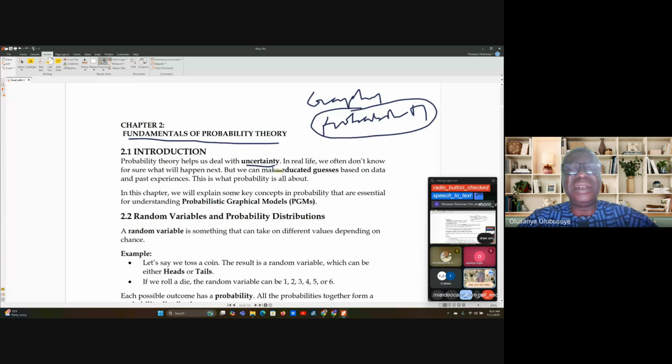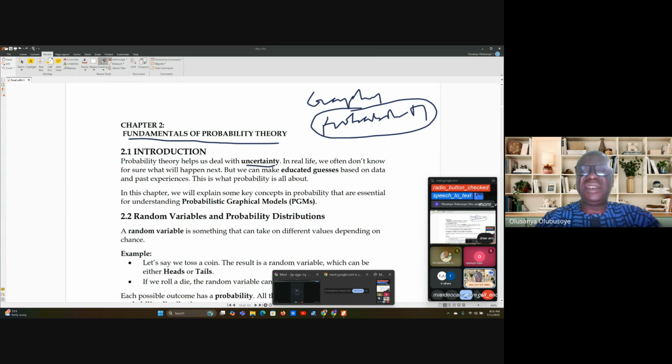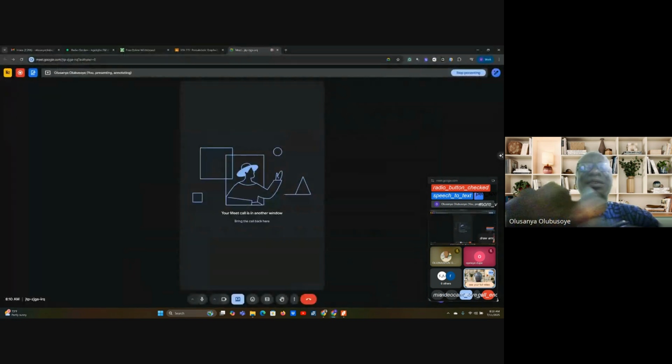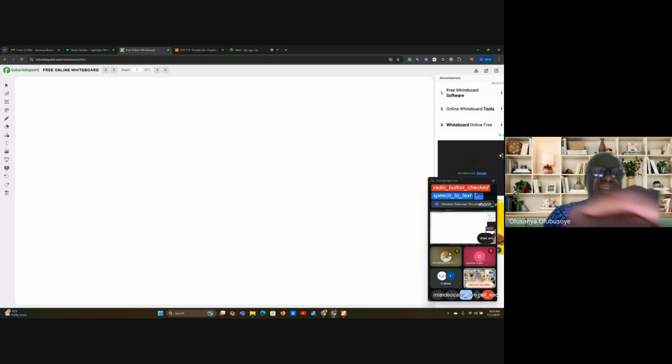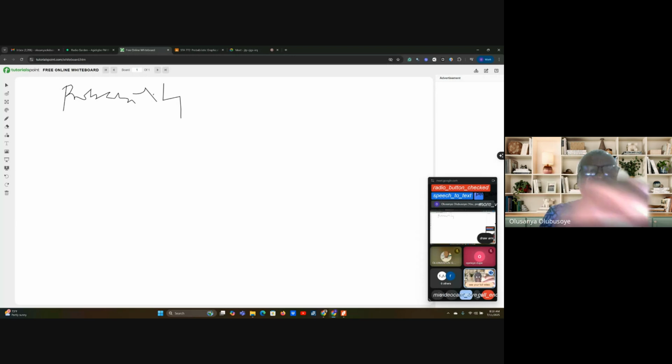Our focus will be to look at some important concepts in probability. Concepts like probability itself, concepts like the rules.